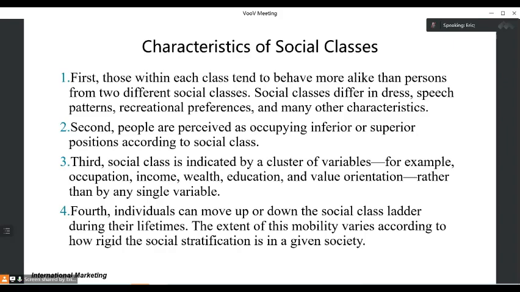We find that each group, each social class, has similar interests, similar subculture, and similar purchasing.